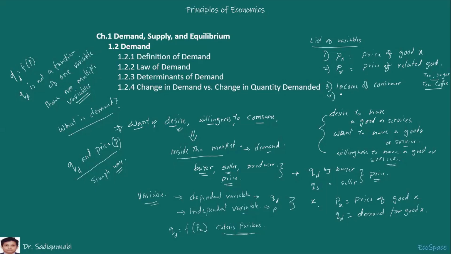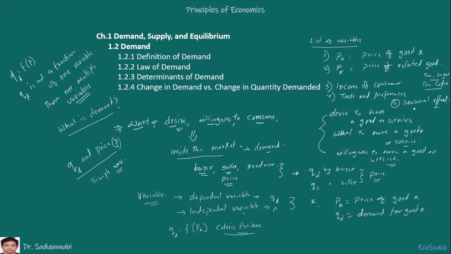Fourth one could be taste and preferences. Fifth one can be seasonal effect.